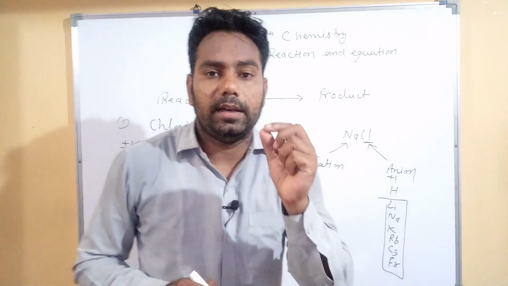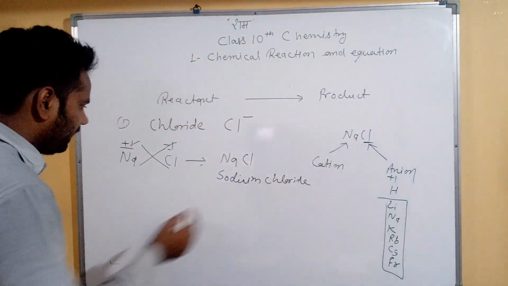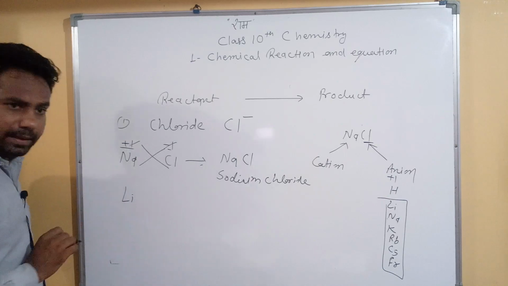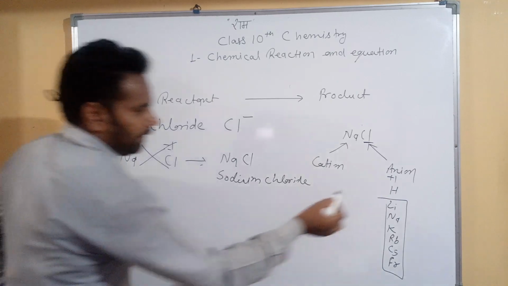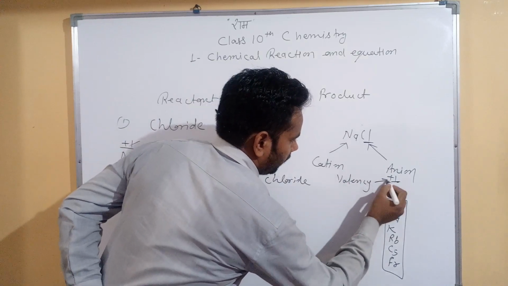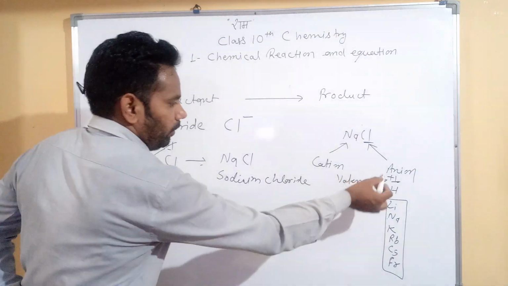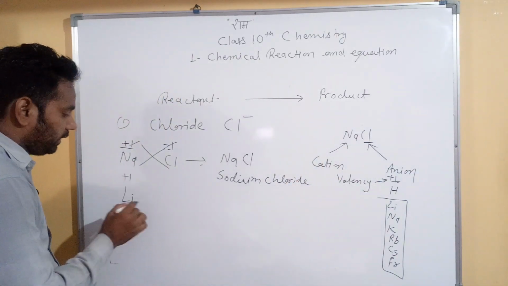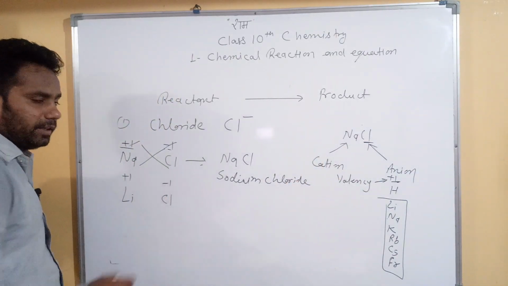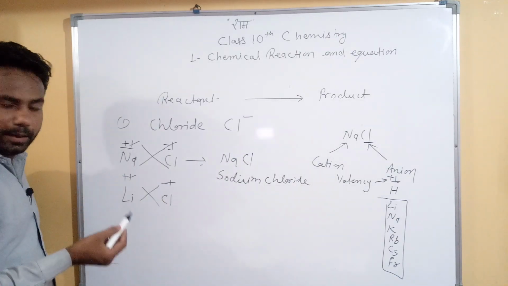How do we prepare lithium chloride? Take lithium, Li, then put its valency. The valency of all elements of the first group is +1. So put +1 here, and you know that Cl is -1. Cross multiply again: +1 and -1 cancel.